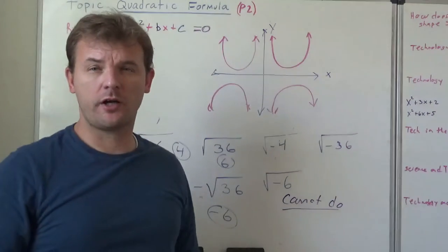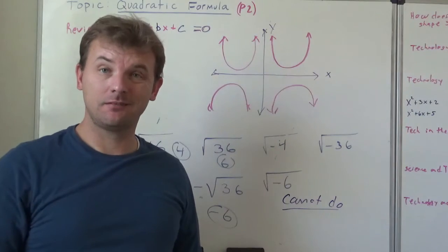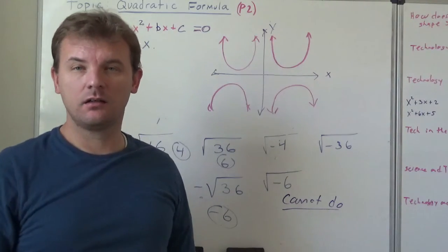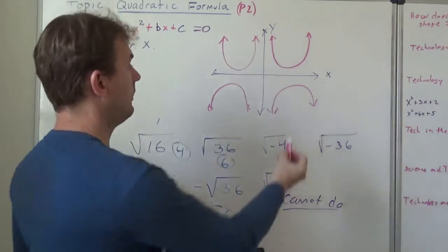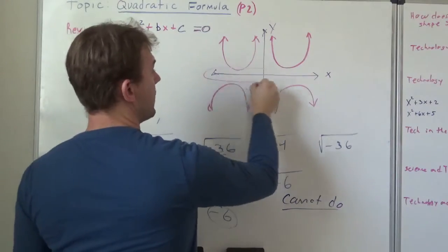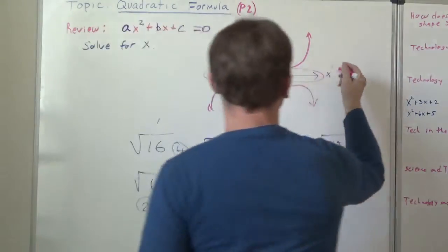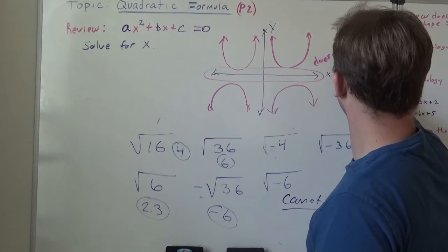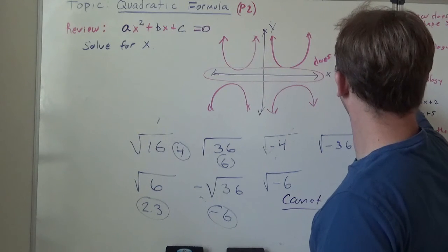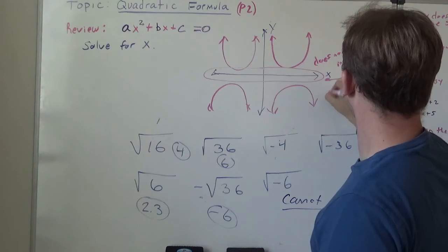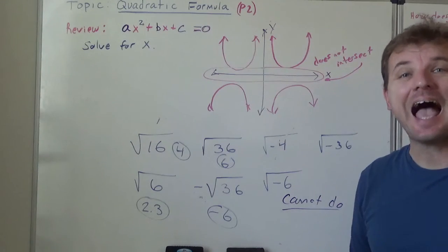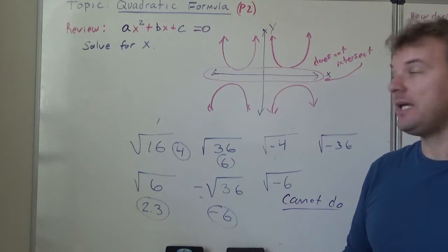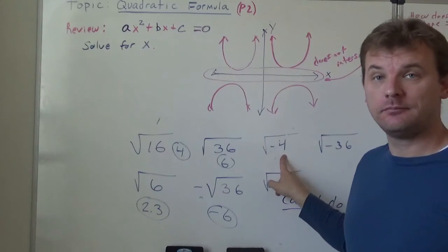You see what I'm trying to show you? The parabola does not intersect here. It does not intersect the x-axis. That means that you have a problem.